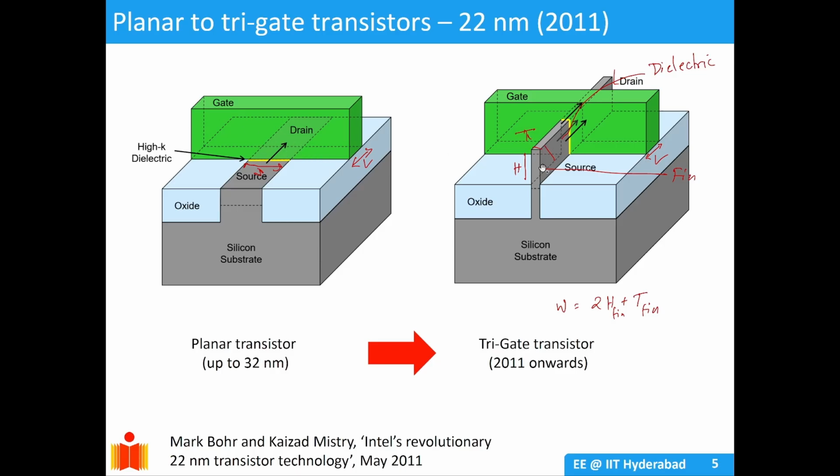Next we come to tri-gate, where the gate oxide and the gate are covering the channel in three directions, and that increases the gate control effect.